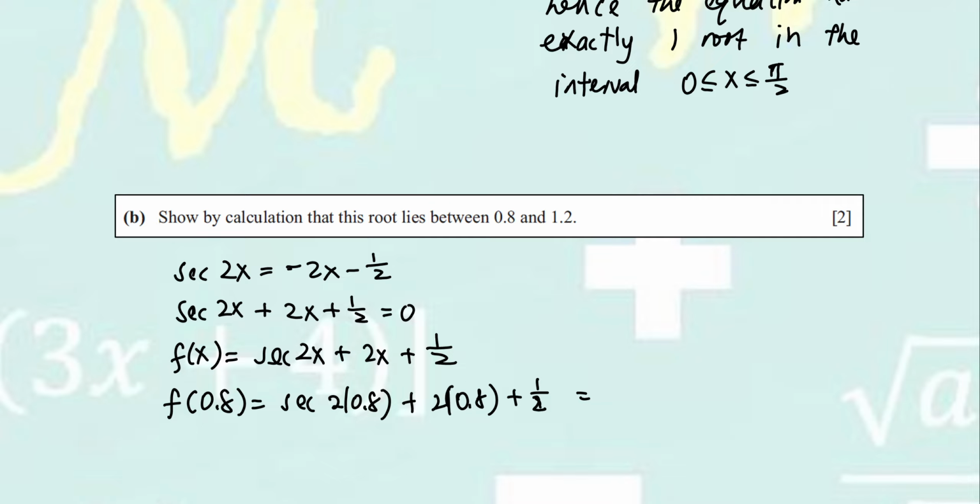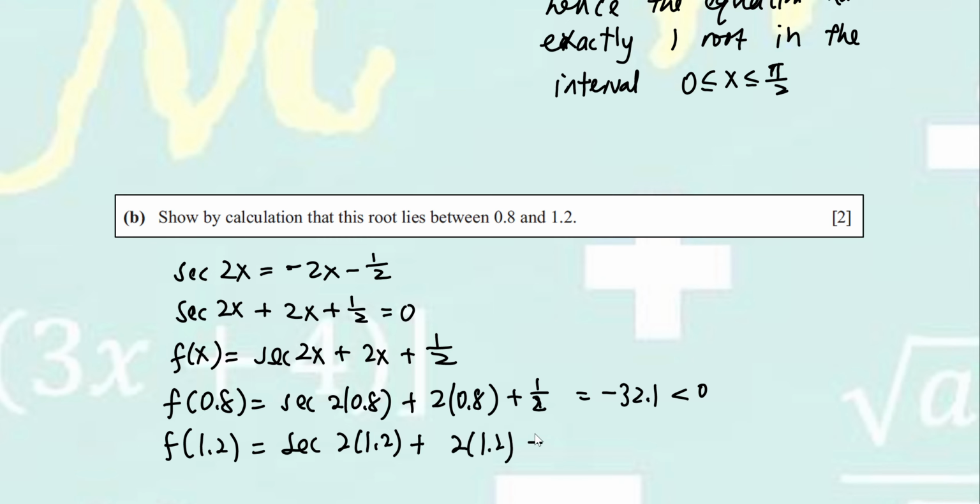When you do calculation, you have to change the mode of the calculator into radians because it is sec, okay? So this is going to be negative 32.1, which is less than 0. And for the other value, so sec is 1 over cos, okay? So sec of 2 bracket 1.2 plus 2 times 1.2 plus half. Then this is 1.54, which is greater than 0.